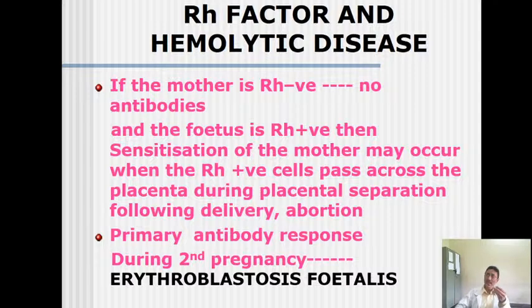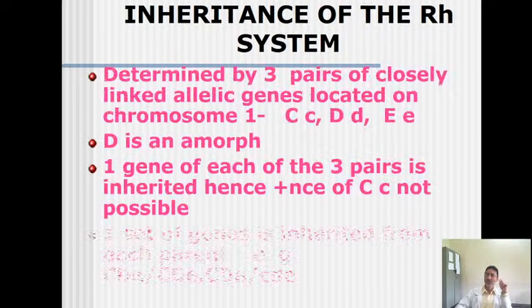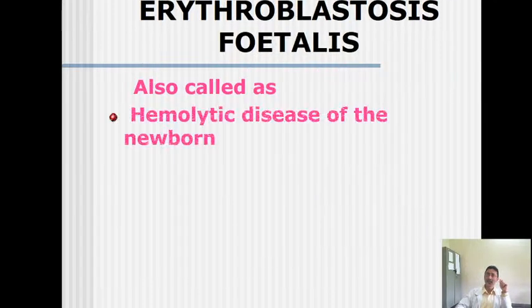So there will be an antigen antibody reaction. The antigen antibody reaction will be between the fetal RBCs, because they have the Rh positive antigen, and the antibodies which have come from the maternal side, which are Rh antibodies. So this condition is called erythroblastosis foetalis.